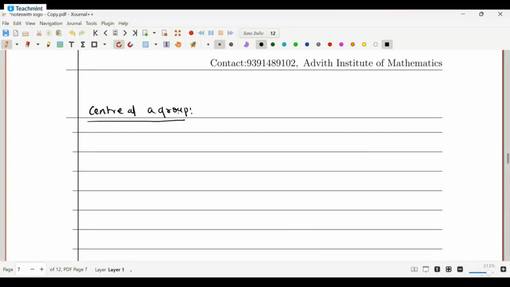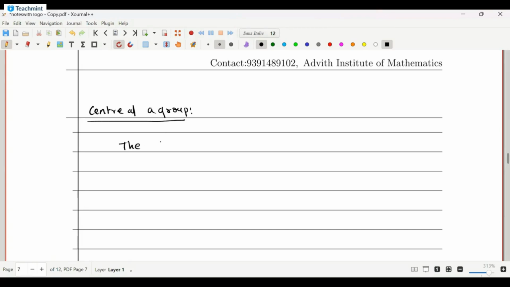What is the center? The center of G is the set of all elements in G that commute with every element of G. If an element commutes with every element of G, then those elements are called the center of a group.